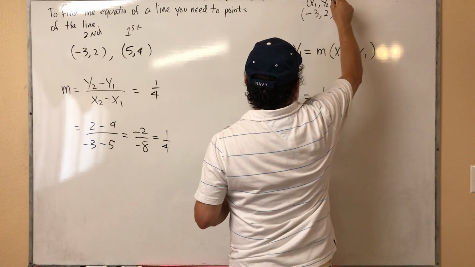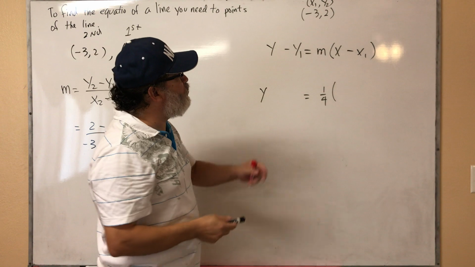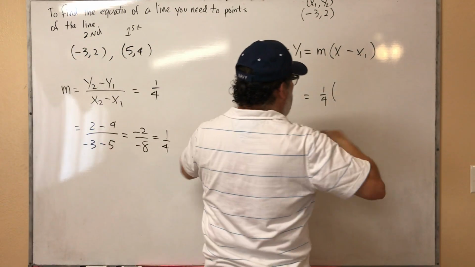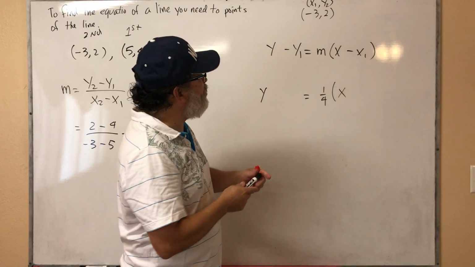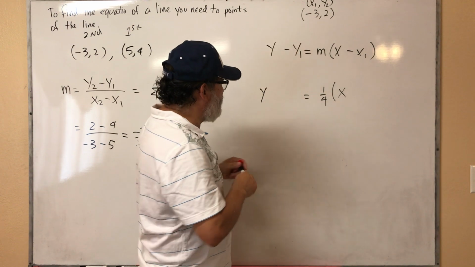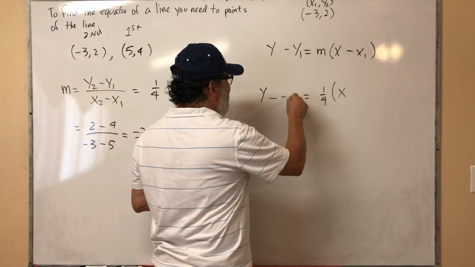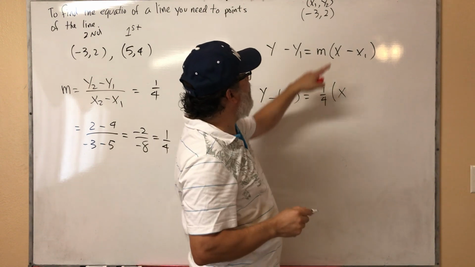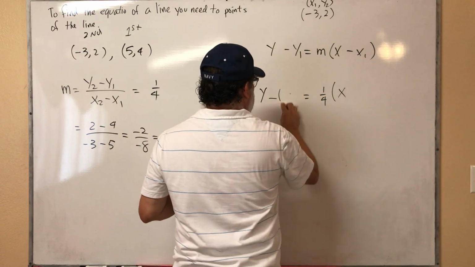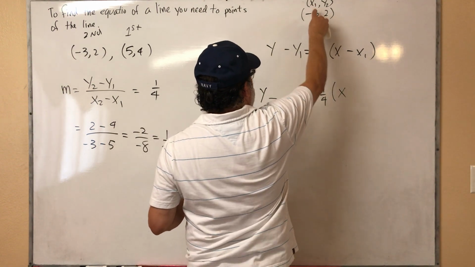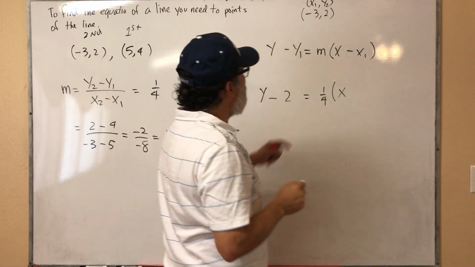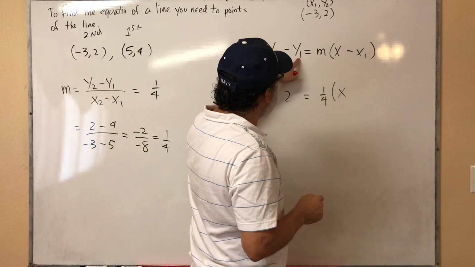Okay. If you put the slope, and this is a y, and this is an x, all you have to do is plug in -3, I'm sorry, I did that wrong. That's not -3, that's x. What is y? y1 is 2, look.